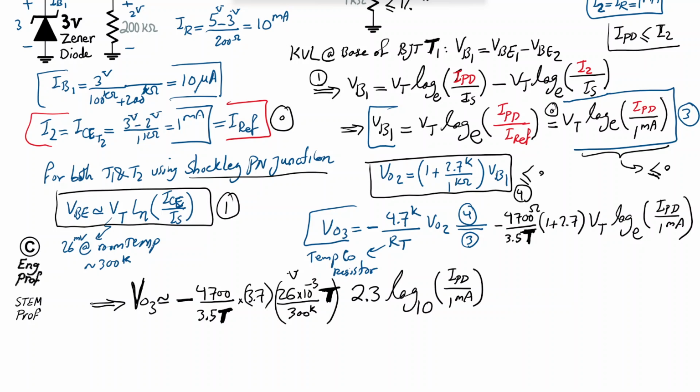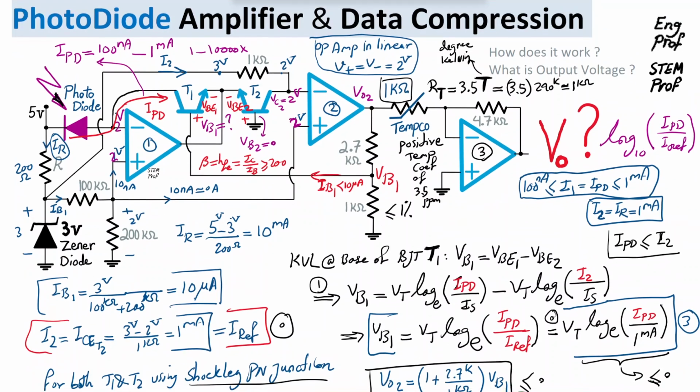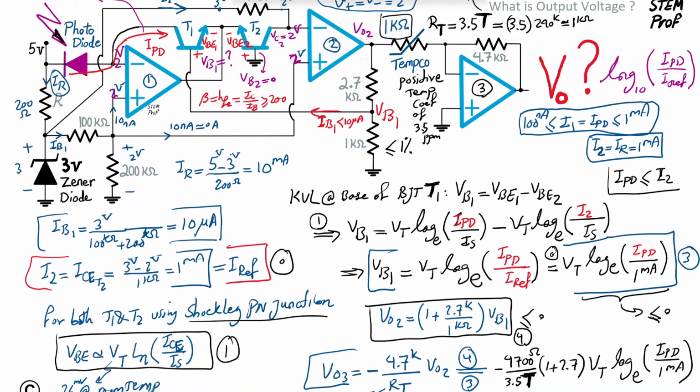So we are done, because of the beautiful property that the temperature dependency is canceling out. Basically, the Temco resistor here, to a good extent, practically speaking, gets rid of the linear dependency on temperature, which comes from the thermal voltage, or VT, of the PN junction of the NPN transistors.